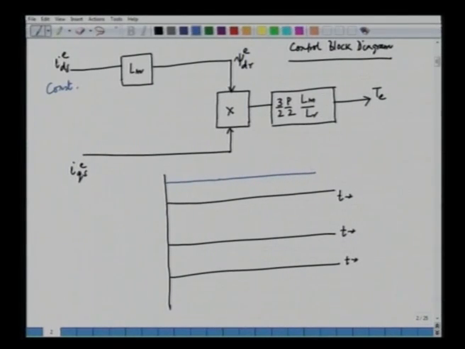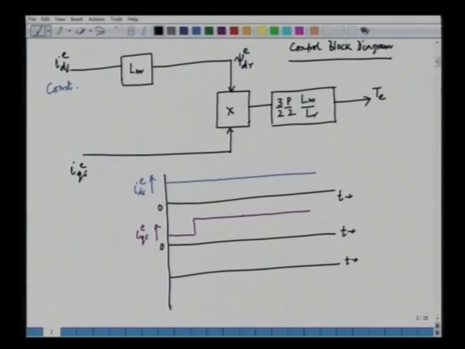So, this is my IDAC. And then what I will do here, I will change IQAC. IQAC was initially something here, and then here I will apply a step change. This is IQAC.